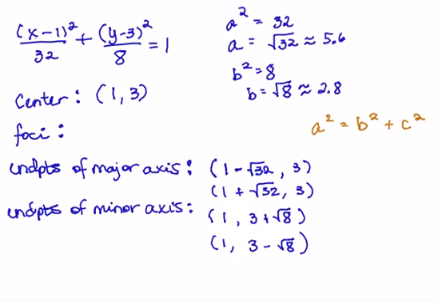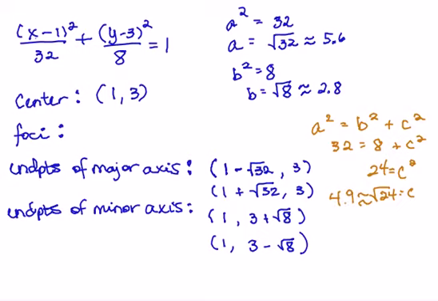Now a squared is 32 and b squared is 8. I got both of those from our standard form, and then plus c squared. C is what we don't know, that's what we're looking for. So c squared equals 24, which means c is the square root of 24, which is approximately 4.9.